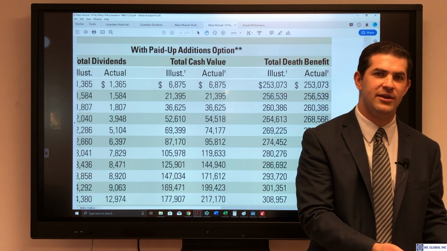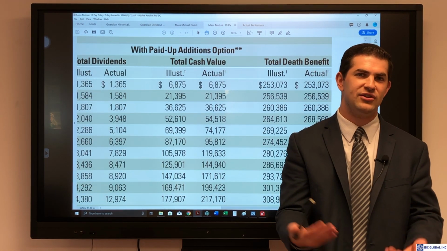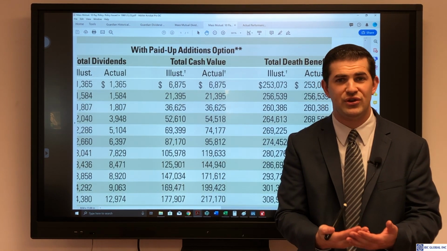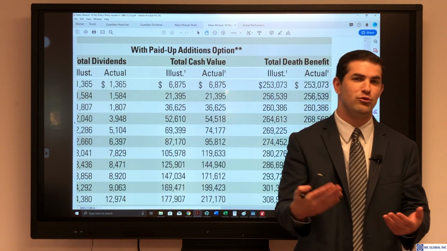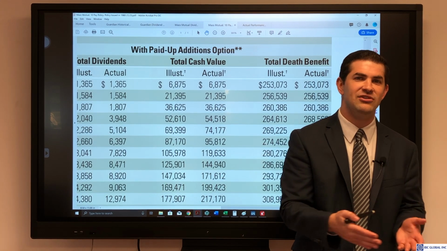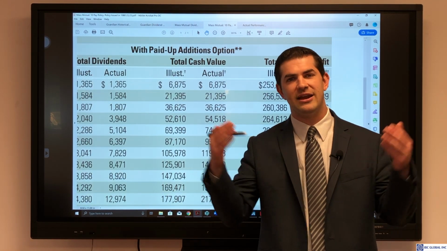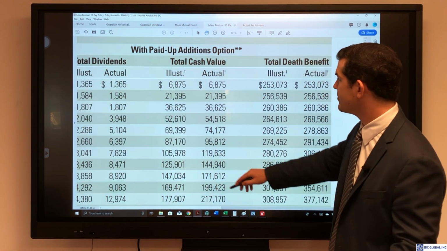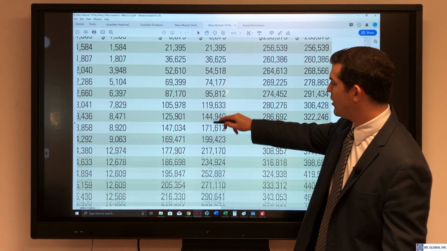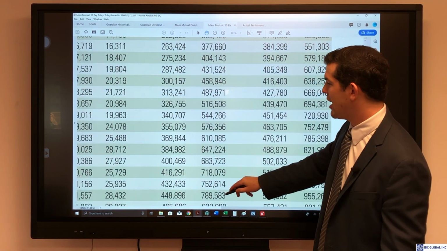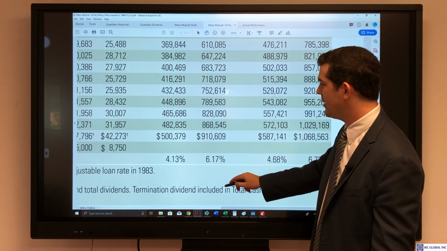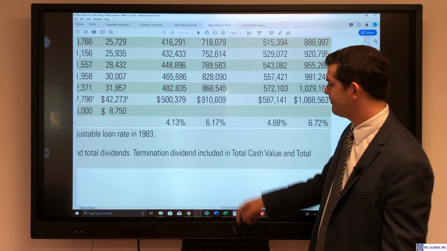Did exactly what it said because the dividend rate, the insurance expenses were exact. The first year of life insurance policies are typically the easiest, right? When we have a review meeting with someone, that's the easiest one because they match what that illustration displayed. Now, as we scroll down here, you're going to see the actual performance outproduce what was illustrated. And let's just go down to the bottom.